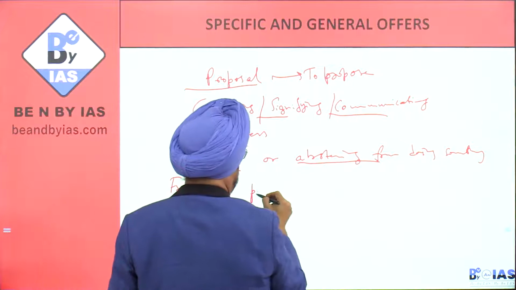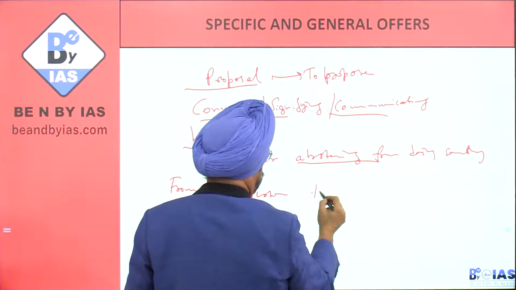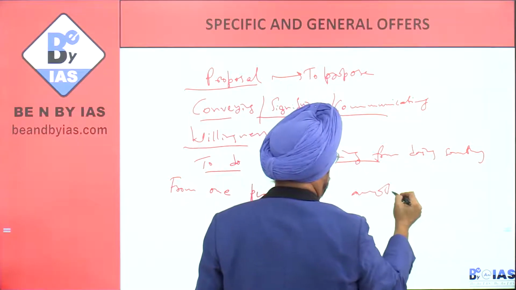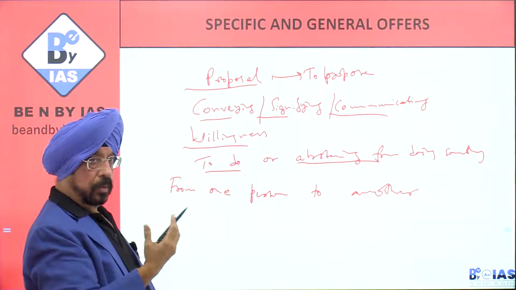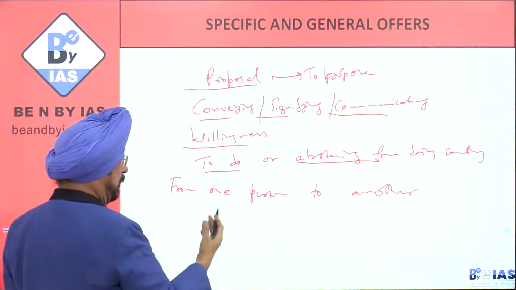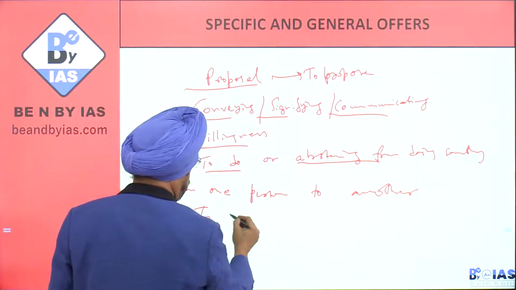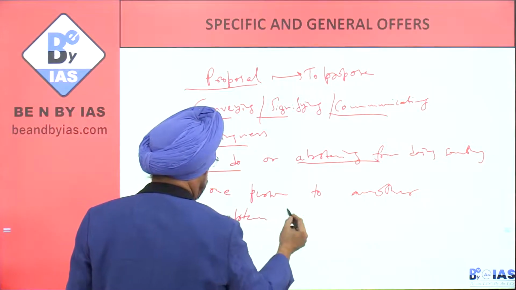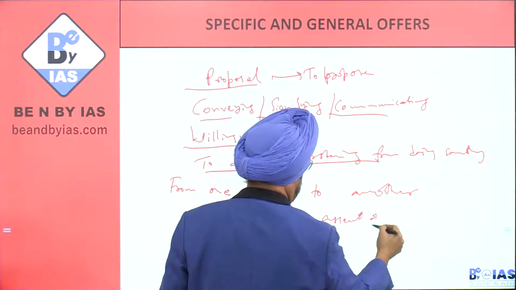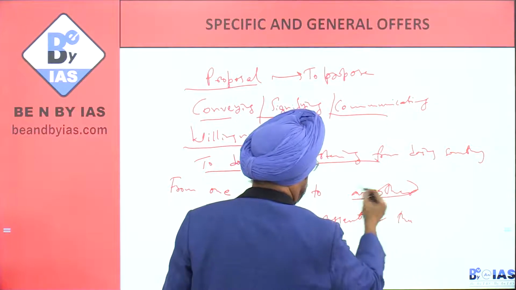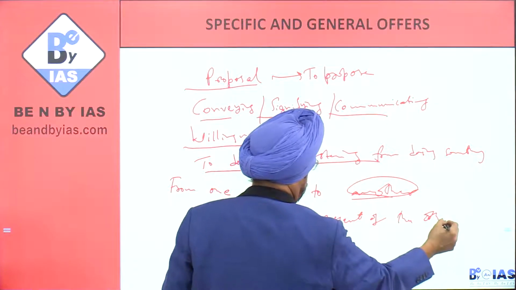from one person to another with the purpose that to obtain the assent of the other, this other, right?